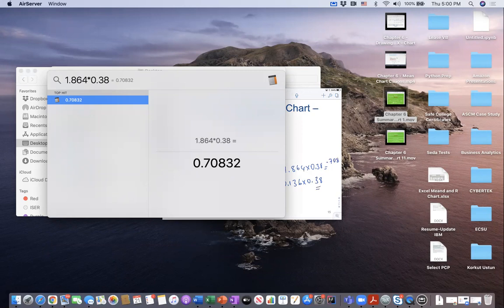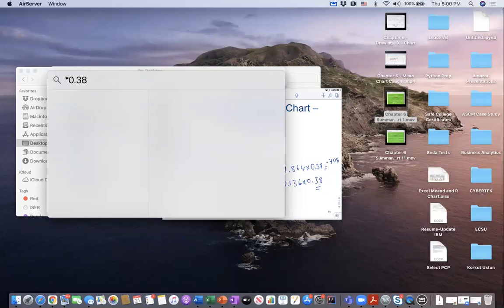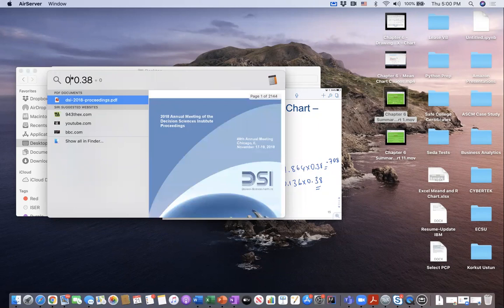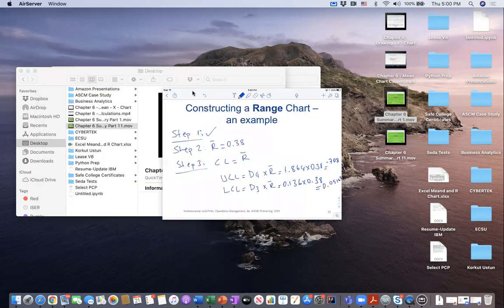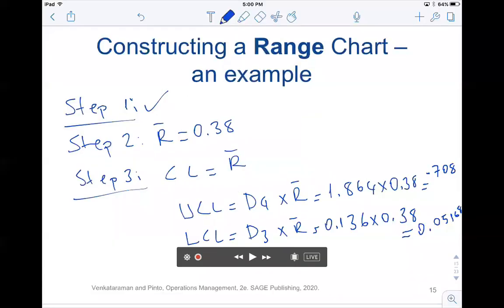And for my lower control limit, R bar is going to stay the same, D3 is going to be different, and that is 0.136. The number is 0.05168. All right, so let me go back to my iPad so you can see my calculations.